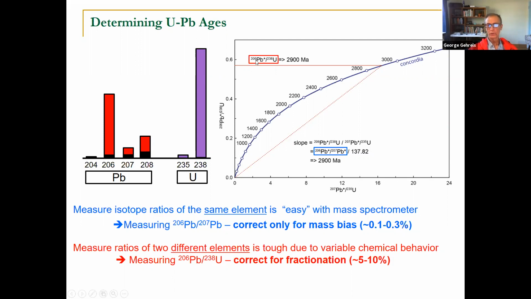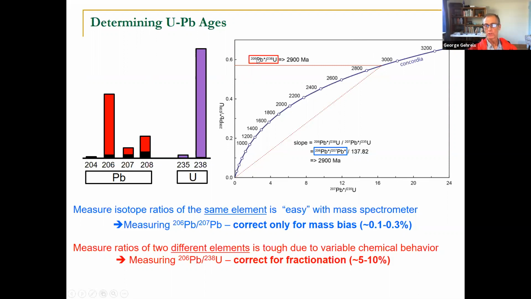The bad news is that 206 lead and 238 uranium actually behave very differently in a mass spectrometer. As the laser is pulsing down onto the sample surface, as that material is coming out, as it goes through the torch into the analyzer, 206 behaves very differently from 238. Very different size, very different charge. And so you actually get significant fractionation of 206 to 238.